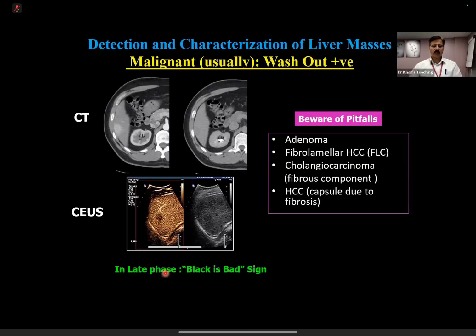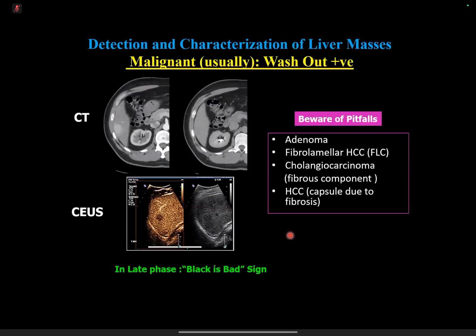This is known as late phase black is bad sign, coined by Prof. Cosgrove from Imperial College, late Prof. Cosgrove. Many of our generation, we have grown up reading his books. So this also gives you the same idea. There should not be any washout. So this was the take-home point.